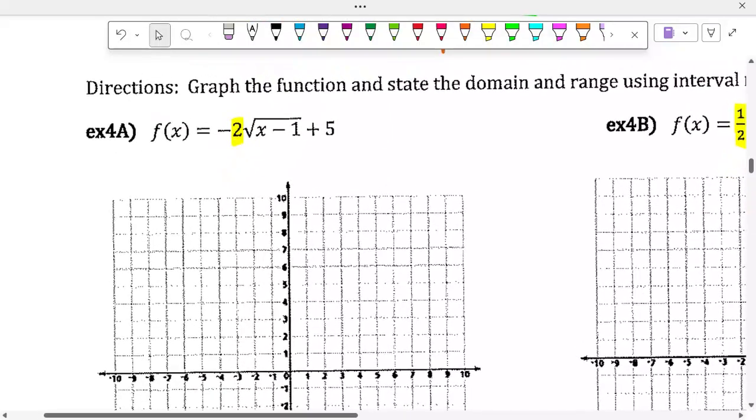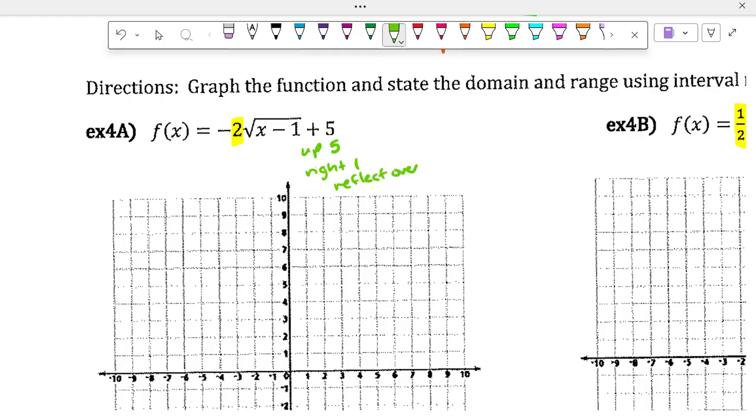First off, besides the dilation, what other transformations are happening? All right. So it's going up 5 and then what? Right 1 and then what? And then it'll reflect over x.